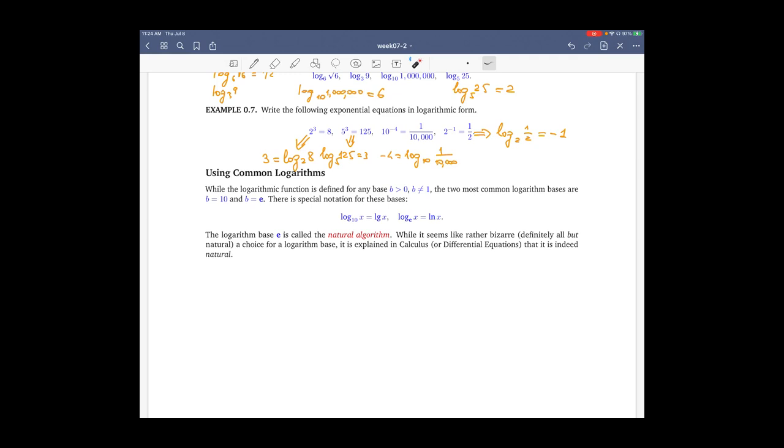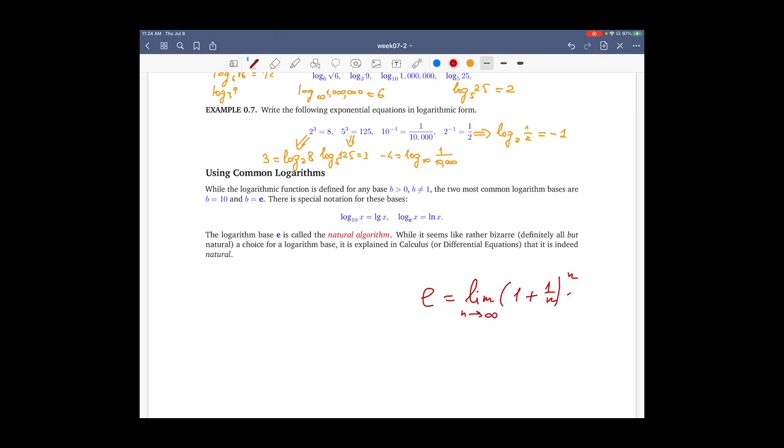One such base is the special number e that we learned when we were talking about computing interests with compounding. Remember, e was defined as the limit of the expression 1 plus 1 over n to the power n, as n goes to infinity.